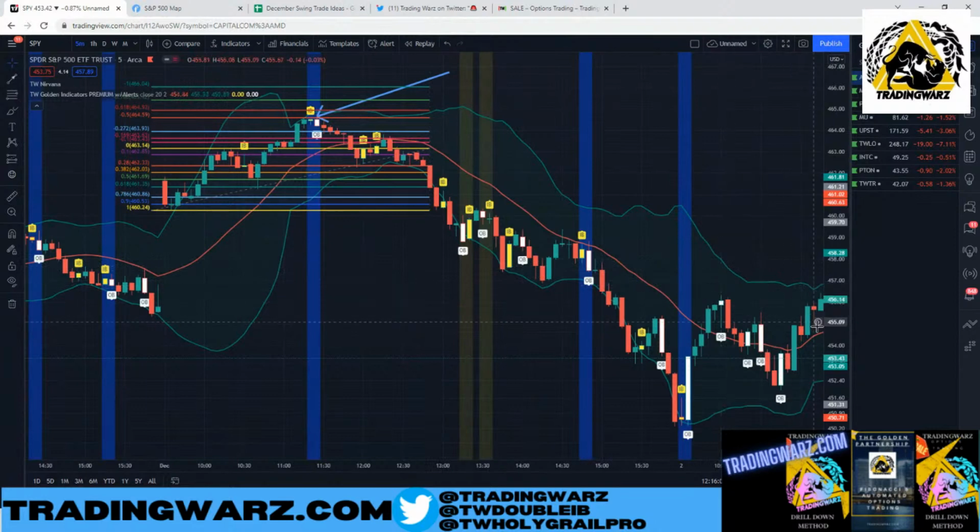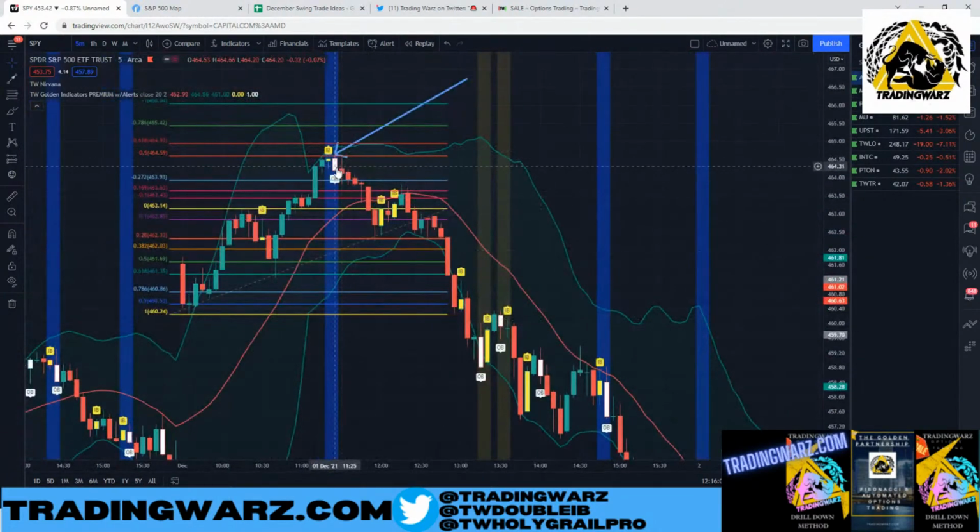So if I'm going to take this play here, I'm not going to put in more than $1,000 in the puts, because I know there's a possibility that by the end of the day this can go to zero. So that's the way to trade it properly. Know your risk. Your risk is most likely everything you put in, and also always be looking for a good deal. See what I'm saying?